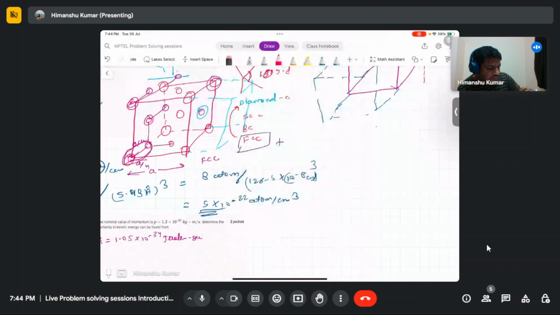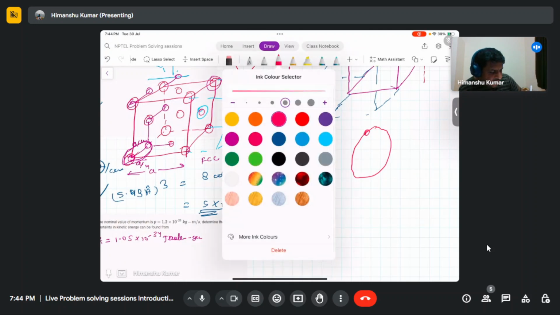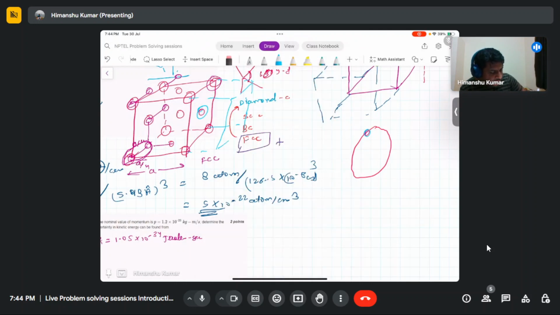One way is you take, let's say, blue color beads, and you want to make repeated blue color beads as a garland. So each bead position is the lattice point actually.